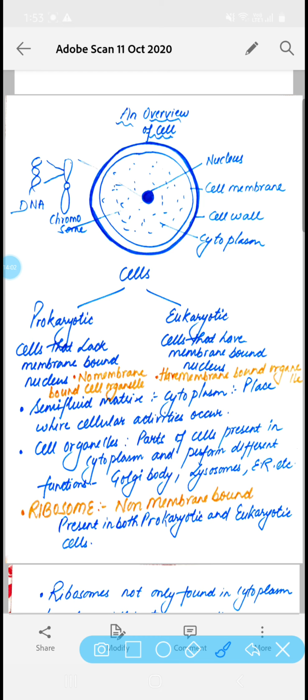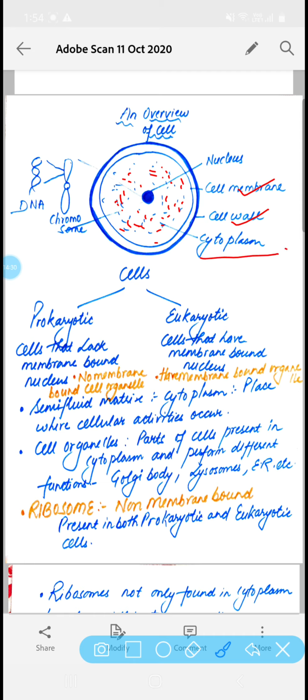A typical cell consists of the outer cell membrane, and if we are talking about the plant cell, another membrane is added, that is the cell wall. Now inside the cell membrane, the semi-fluid matrix is present, and this semi-fluid is called cytoplasm.